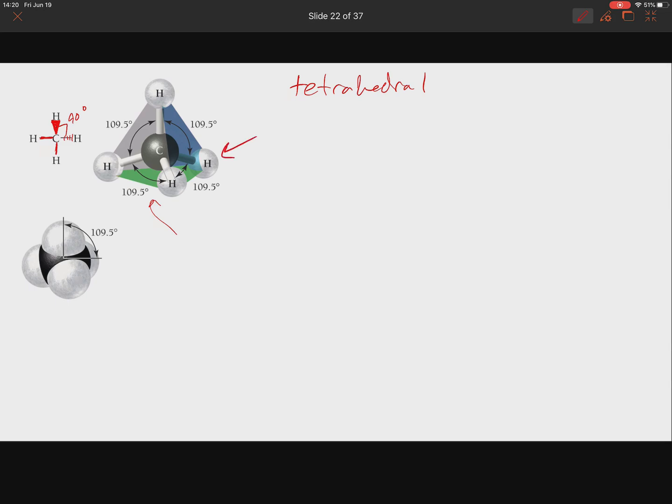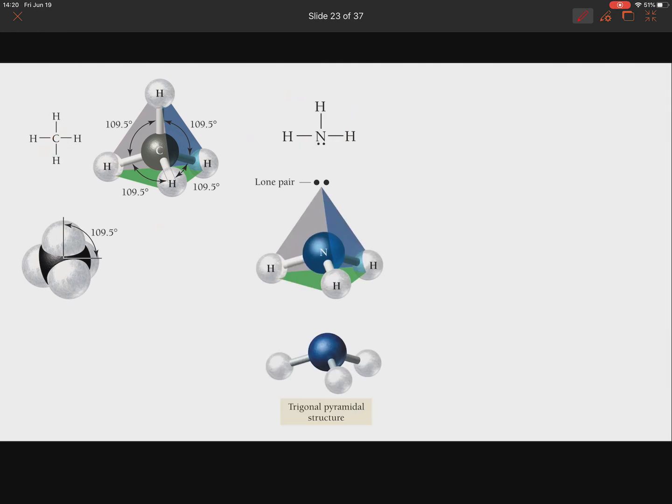We have the tetrahedral with 4 bonding pairs, which just gets the name tetrahedral. We have the situation where we have a lone pair, where one of those is a lone pair, and we call that trigonal pyramidal. It's a triangle or 3 trigonal base pyramid style shape without an atom at the top.